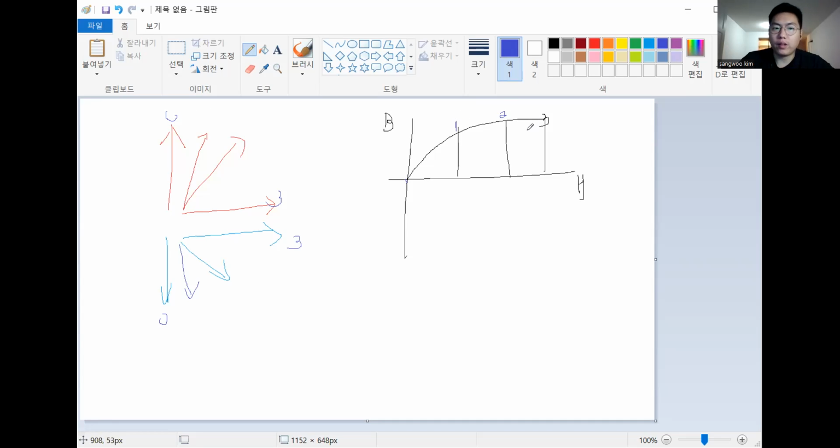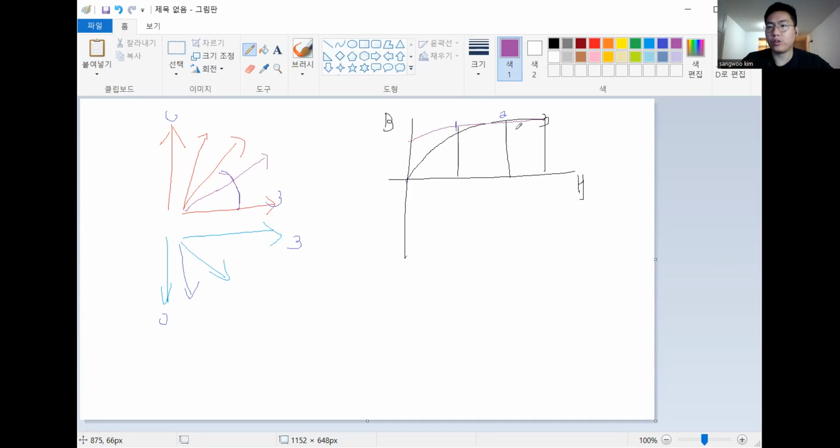But when it turns back, the loss happens. There's not enough energy to come back here, so it goes like this. Because of the loss, it cannot reach here. That's why we say hysteresis loss happened.